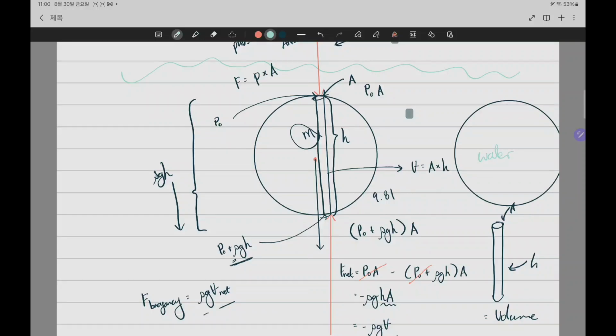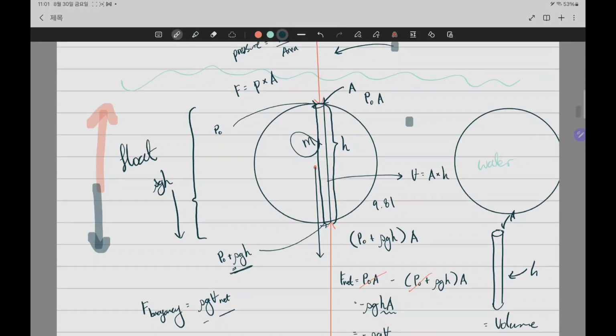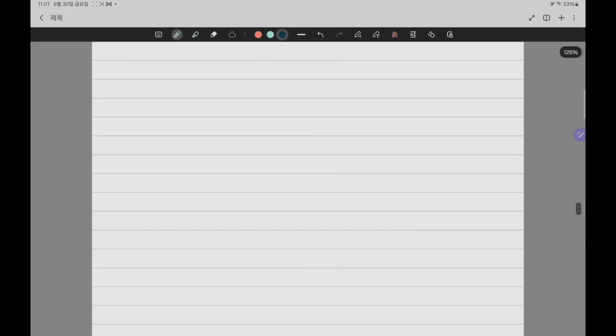In other words, if this sphere is lighter than the same sphere composed of water, the whole thing would have a higher buoyancy than the gravity, and therefore it will float. Yes? All easy.